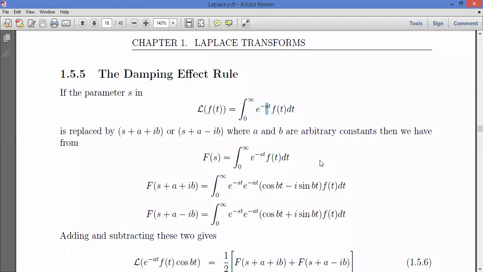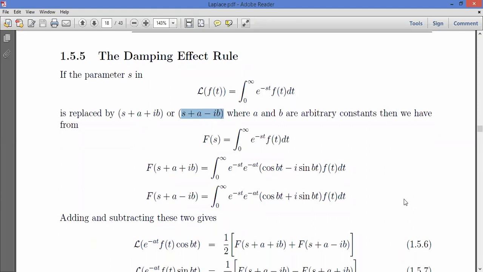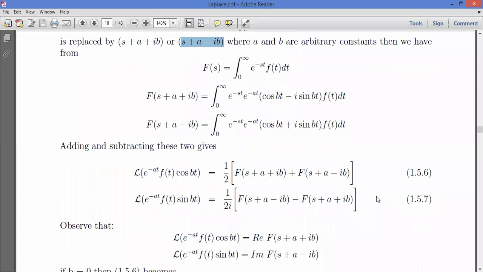So if you replace that S with this term here, remember, if you have this, there is what you call the complex conjugate. Okay, so which is now plus minus. So this is the positive part of it, and then you have that one, because you always have two roots. You deal with this.